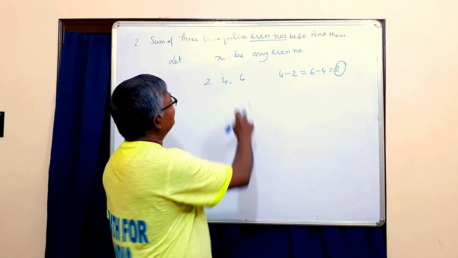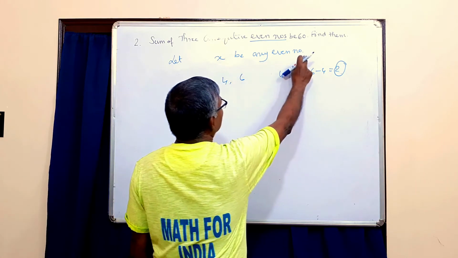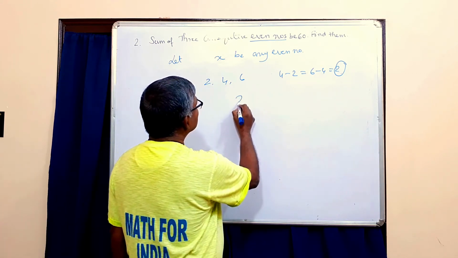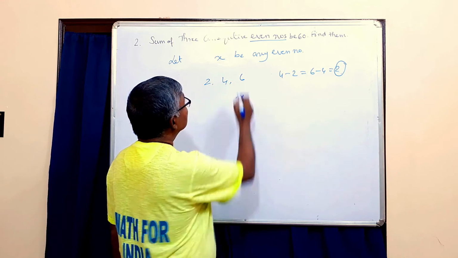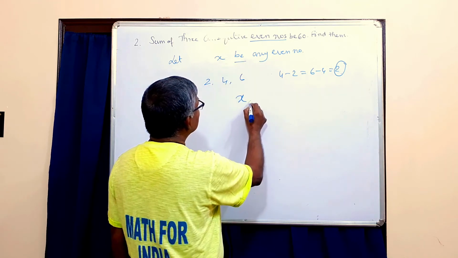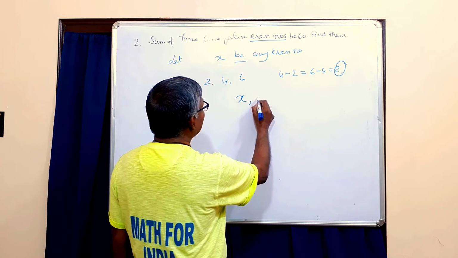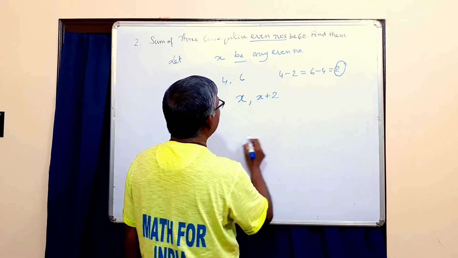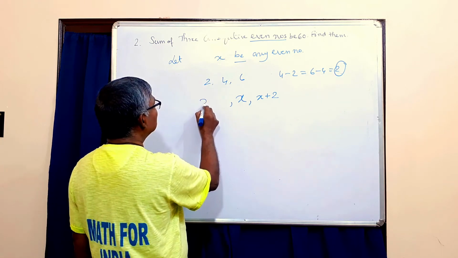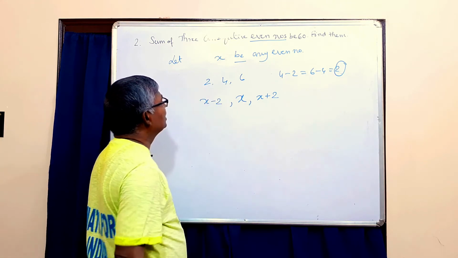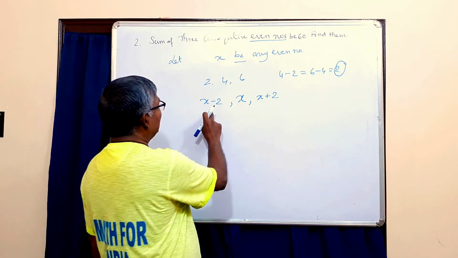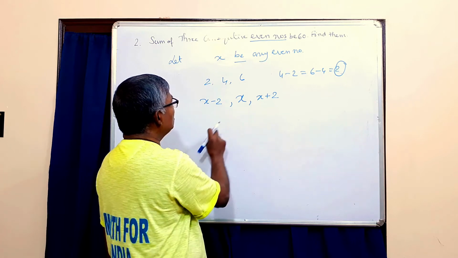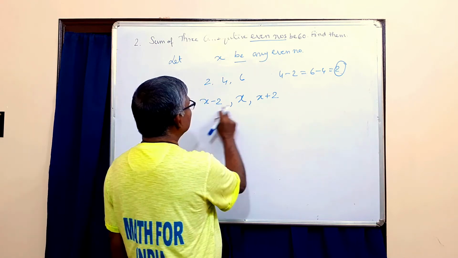Students, we have taken x as any even number. So the three consecutive numbers would be x, x plus 2, and here we can consider x minus 2. Since the difference of two consecutive even numbers is always 2, we may consider these numbers.